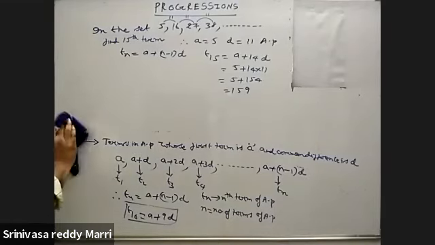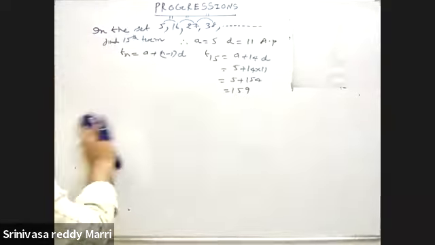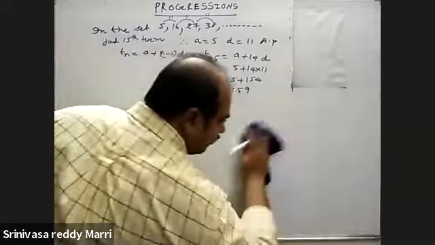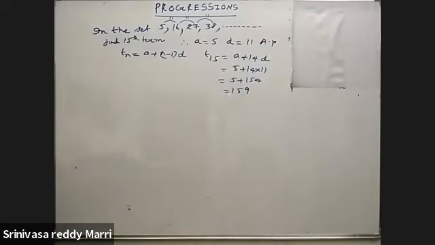The only thing is, from the given conditions, you have to find what the first term a is and what the common difference d is. Suppose take an example.